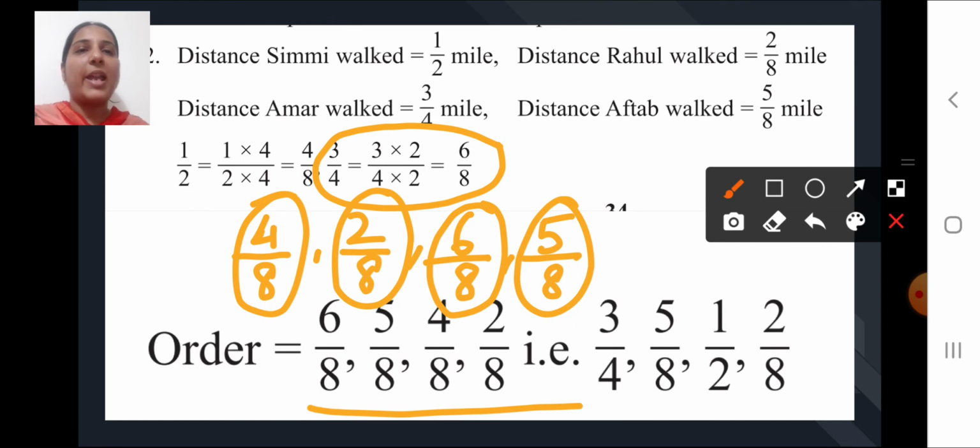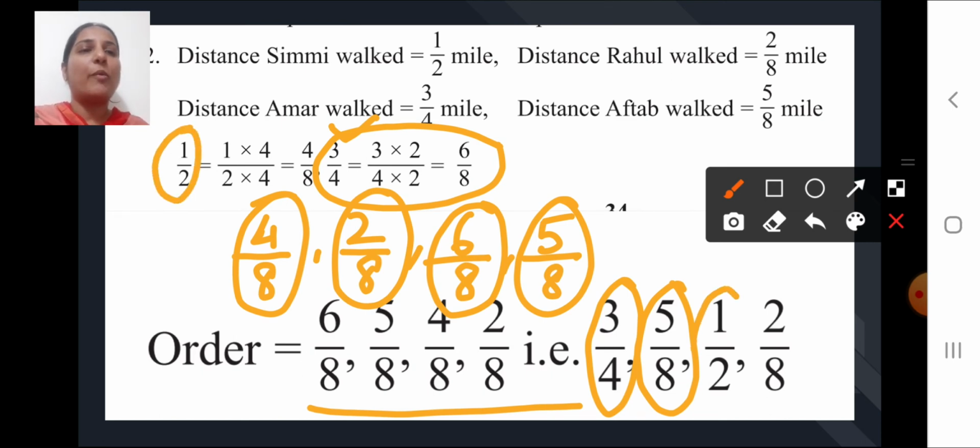So 6 upon 8 was converted from 3 upon 4, so that is the greatest fraction. Then 5 upon 8 will be as it is. Then 4 upon 8, it was converted from 1 upon 2. So 1 upon 2, and then finally 2 upon 8. So in this way we will arrange them from greatest to smallest order.